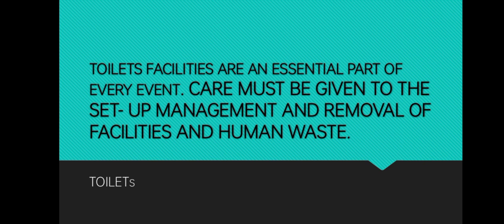It is an essential part of every event that you have at least one toilet facility for every 300 people or more. In toilet facilities, the sink, toilets and floors must be regularly cleaned so that your bathroom will be kept feeling fresh and welcoming.